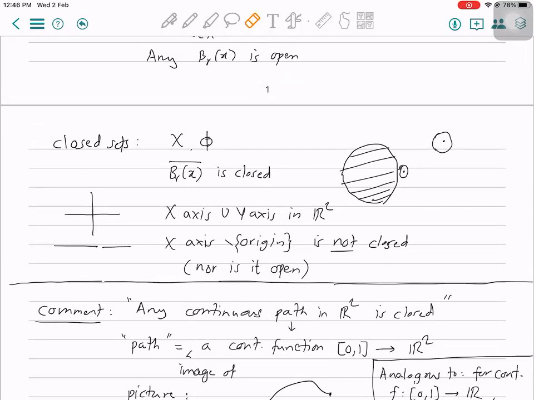That itself is a metric space, correct? Yes. So my question to you now is, suppose I take that space itself. Is it an open set? If X is the union of the two axes, is X an open set?